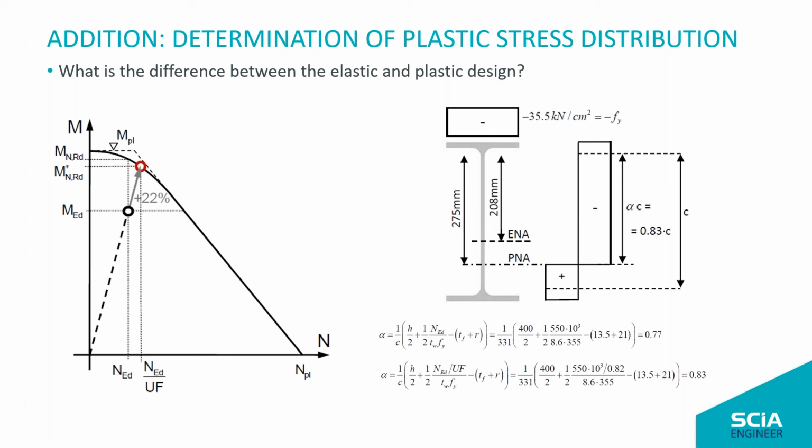If we use the formula for the doubly symmetric I section, where we increase the moment until we reach the limit capacity, that means we go straight up from the black point on our diagram until we reach our curve, we get a position of 0.77 for our neutral axis.